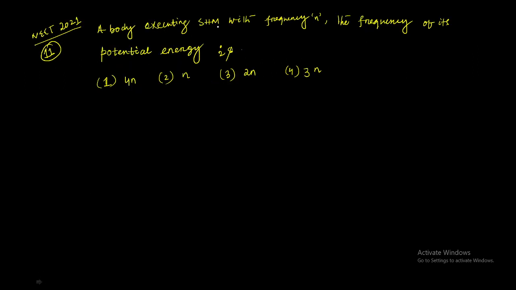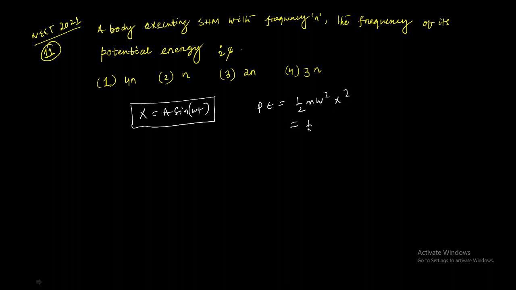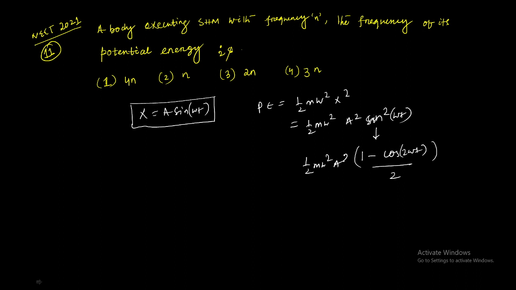A body executing simple harmonic motion with frequency n, the frequency of its potential energy. So you know that x equal to a sin omega t is your simple harmonic motion equation, and potential energy can be written as half m omega square x square. So this can be written as half m omega square a square sin square omega t, and sin square omega t can be written as 1 minus cos of 2 omega t divided by 2, multiplying here half m omega square a square.